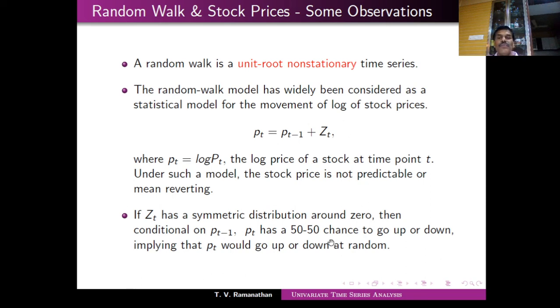There is a 50-50 chance to go up or down, implying that pt would go up or down at random. I haven't really assumed what zt is; I'm just saying that if you assume zt as a symmetric random variable, this is a kind of interpretation of increasing or decreasing from previous days. That's what this kind of model is.